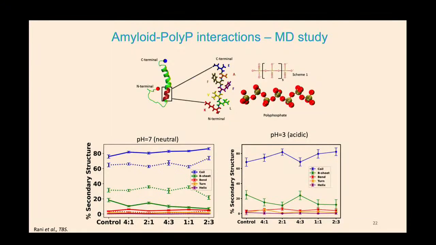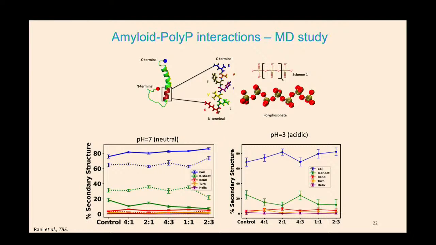And the way we can test this is that we can do molecular dynamics simulations. So again, this is a 40 residue long time scale experiment. What we did is we took a small region where they will aggregate, and then we treated it with the polyphosphate, and we looked at how much beta sheet and alpha helix and other structures are there between the two pH values. This is initial results.